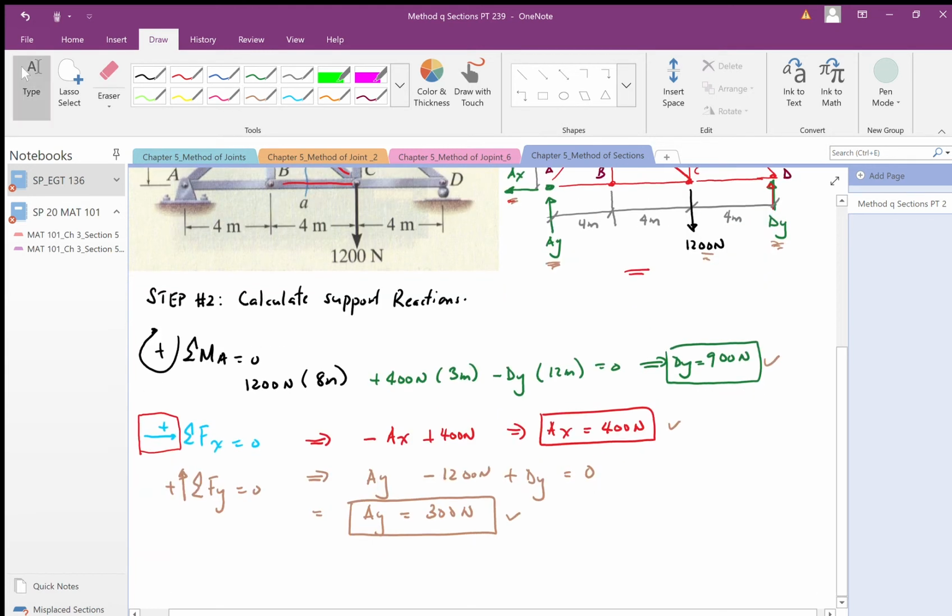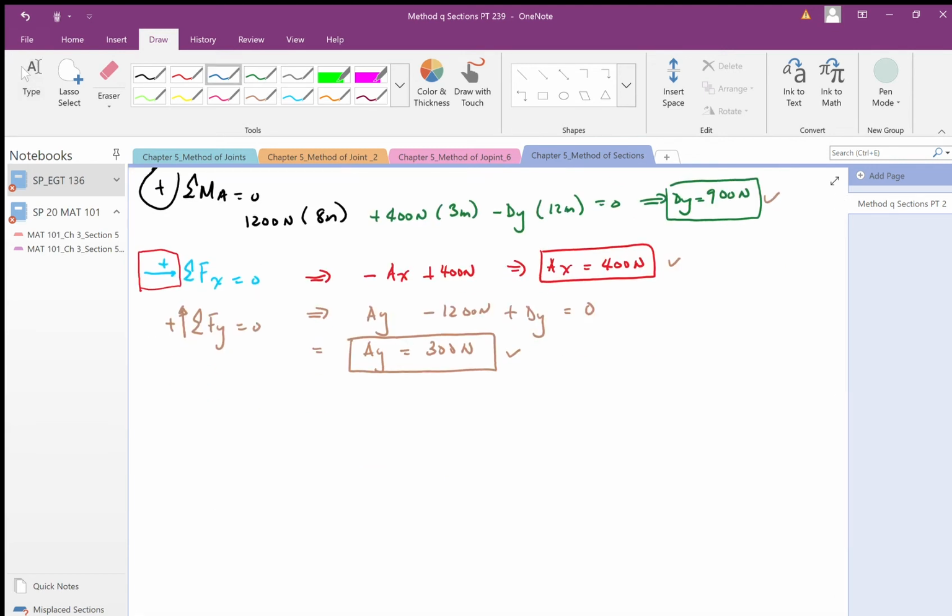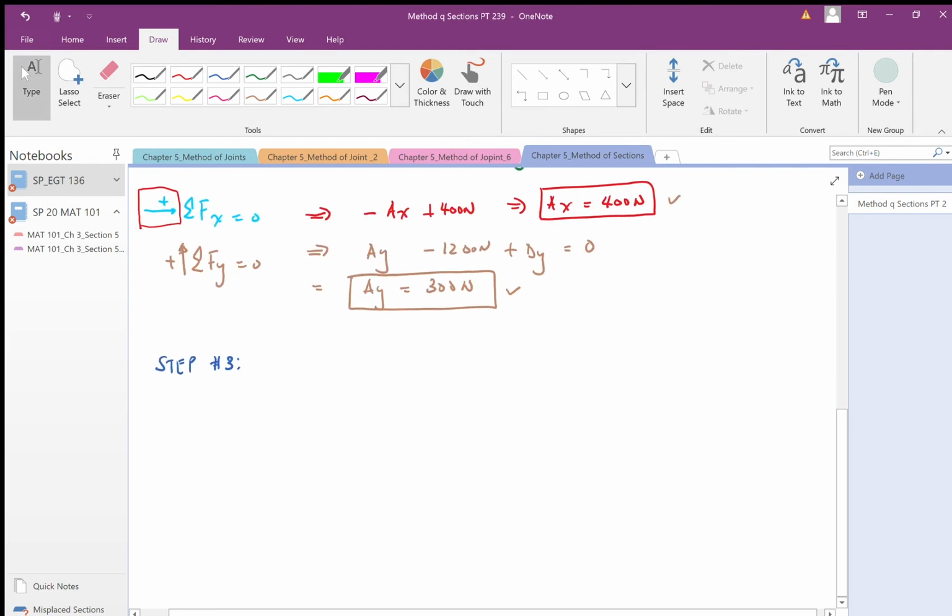So my next step, step number 3, I'm going to bring this diagram back up again.